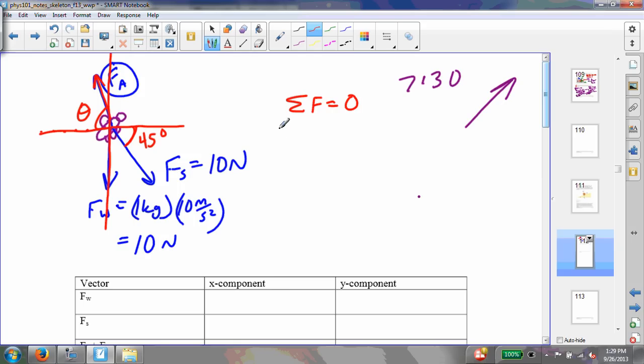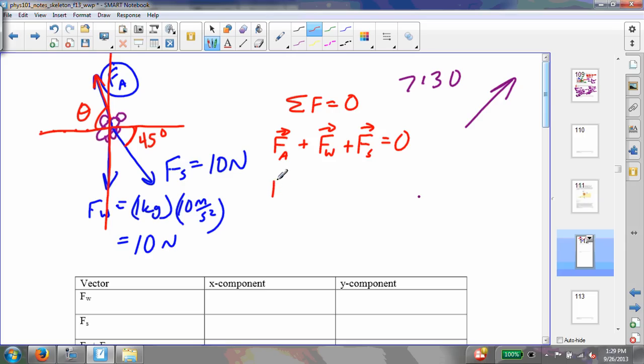So I can say then that Fa plus Fw plus Fs, these all equal 0. The vector sum of those is equal to 0.